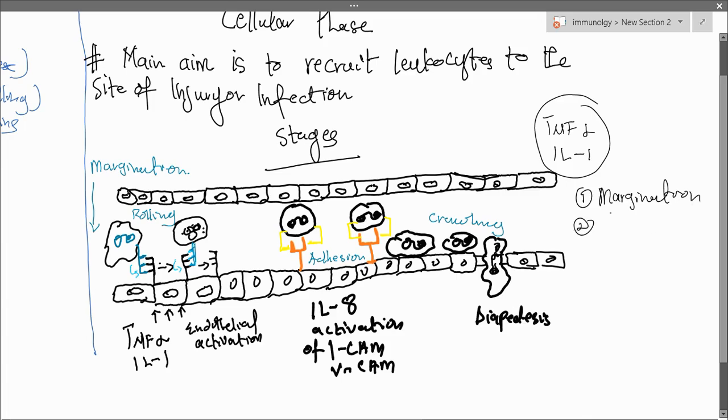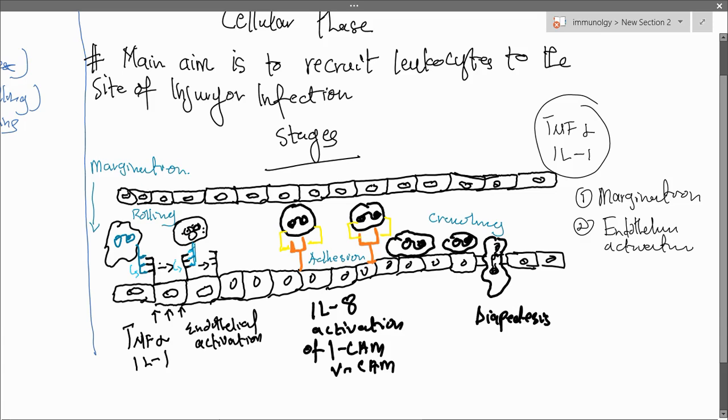Then we have endothelium activation. So in the endothelium activation, the tumor necrosis factor alpha and interleukin 1 interact with receptors on the endothelium, and this causes what we call endothelium activation.